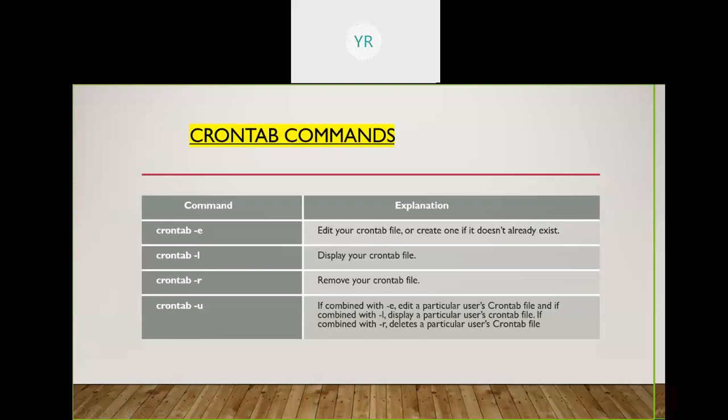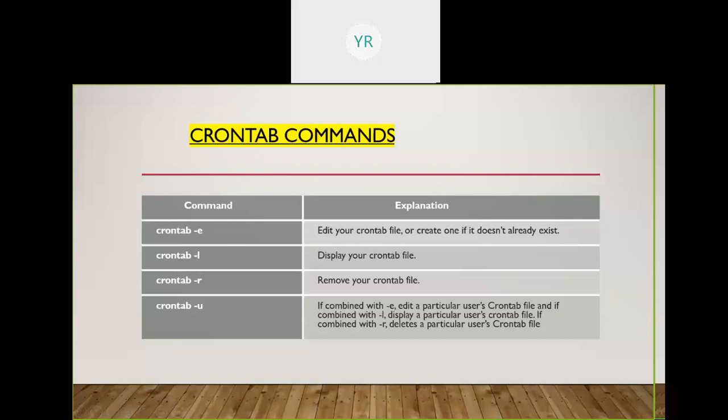If you want to create or edit a cron job, you need to use crontab -e. If you want to see the cron jobs for a particular user, execute crontab -l -u and the username. Suppose the username is Srikanth, then -u Srikanth. I will show you right now, I'm just giving some introduction.